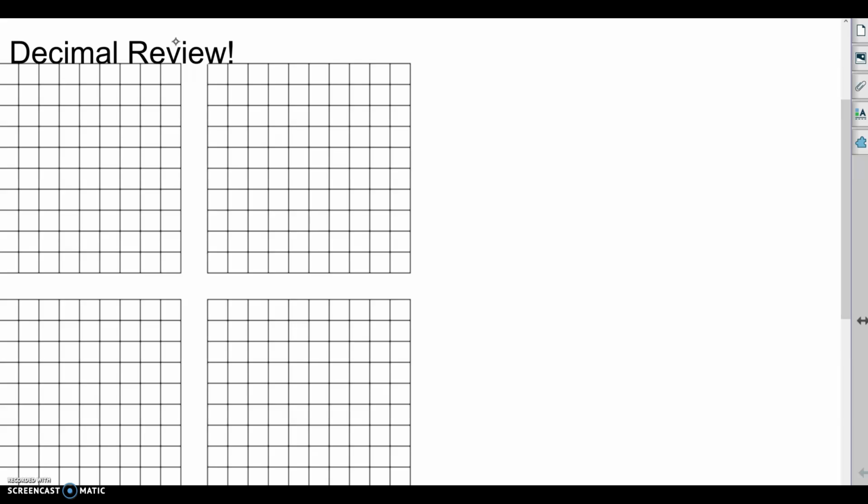And remember, I asked you to do things like graph 13 hundredths on there. So 13 out of 100. And kids came up and they drew this, right? So I shaded 13 out of the 100. 13 hundredths. And so to write it as a decimal, well, I don't have any whole, right?